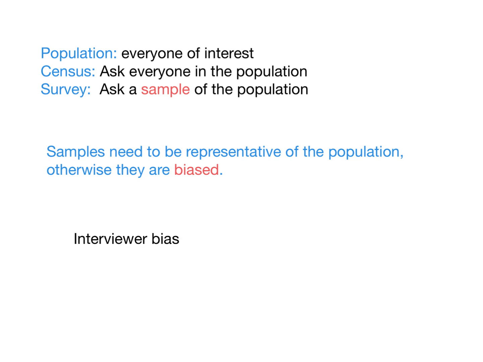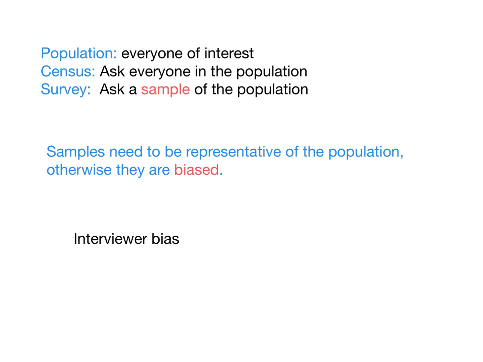Another way that we can introduce bias is called interviewer bias. This is where the interviewer does something, or there's something about them, that changes or skews the results. One example of interviewer bias is when you're asked leading questions. So let's say I want to know how much homework Year 9 students at Lyneham complete.